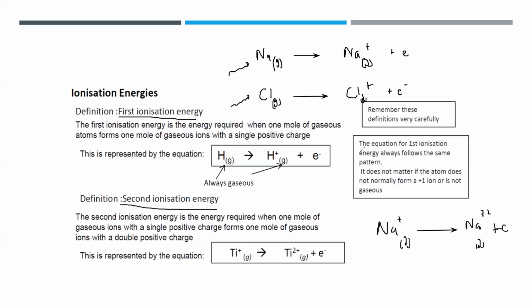If we remove another electron, we call that third ionization energy. If you remove one electron from a neutral gaseous atom, we call it first ionization energy. If an electron is already removed and we remove another electron from the singly positively charged ion in a gaseous state, we call that second ionization energy.